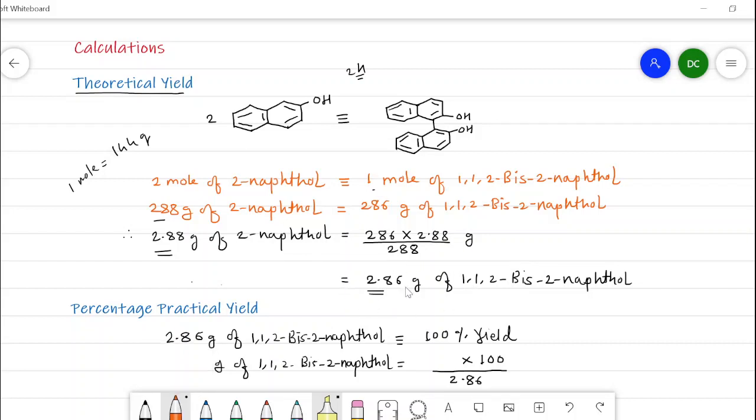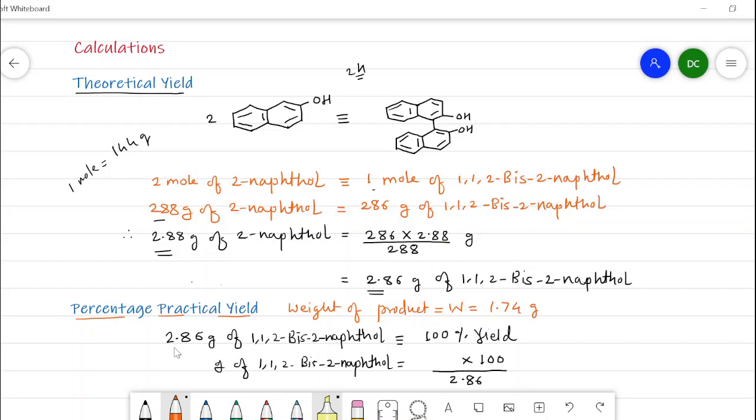By using this 2.86, we will calculate a percentage practical yield. To calculate this practical yield, first of all, we have to write the weight of product which is obtained after the completion of a reaction. It is equal to W, and suppose it is 1.74 gram.